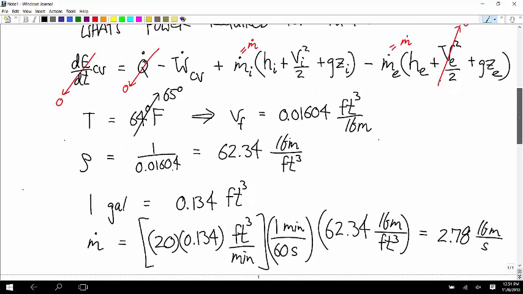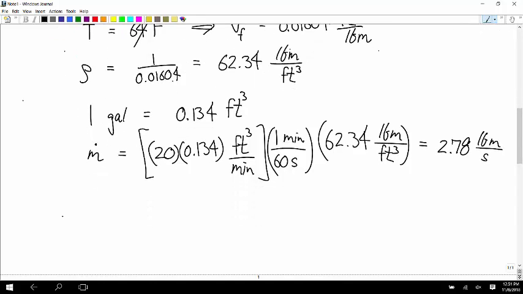Let's rewrite this equation and start putting stuff in.